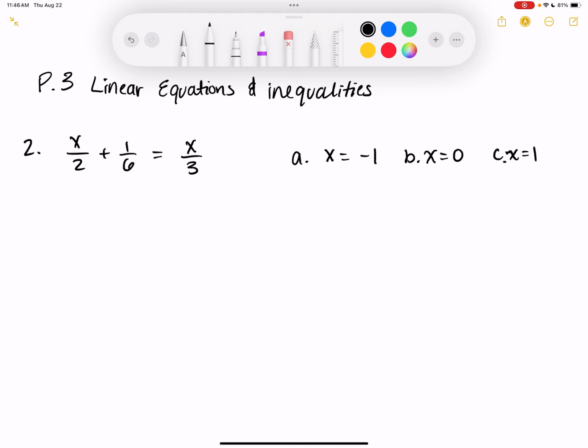So plug in -1 first. So -1 over 2 plus 1 over 6 equals -1 over 3. What do I need to do?